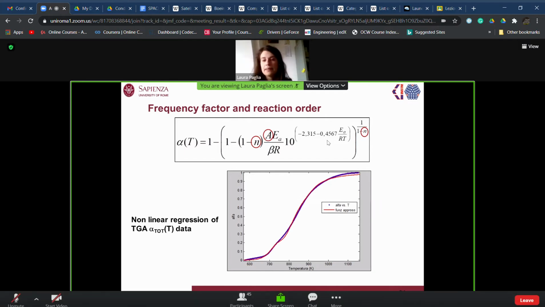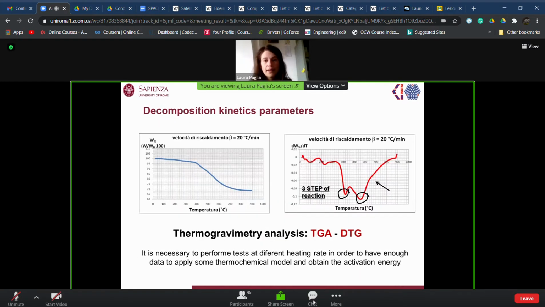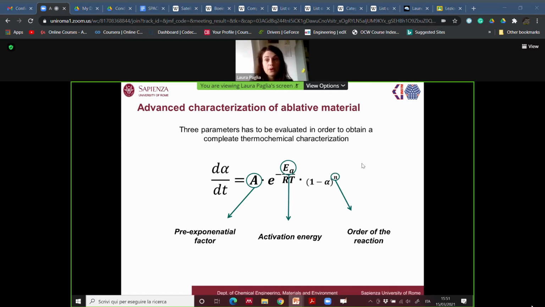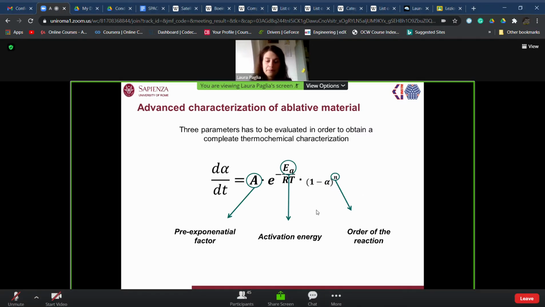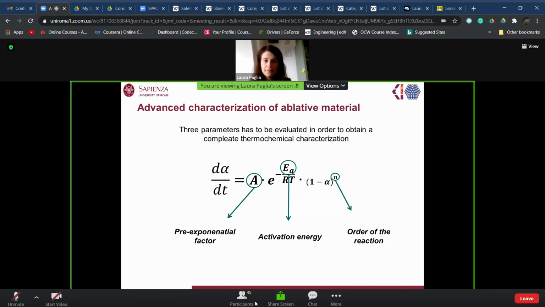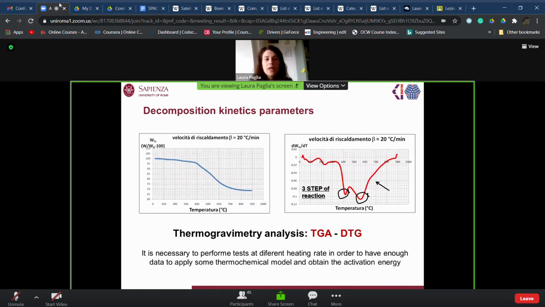What does it mean? When I have this function, I have f of alpha, which is in this form, and if I have to rebuild... sorry, we have to consider this.